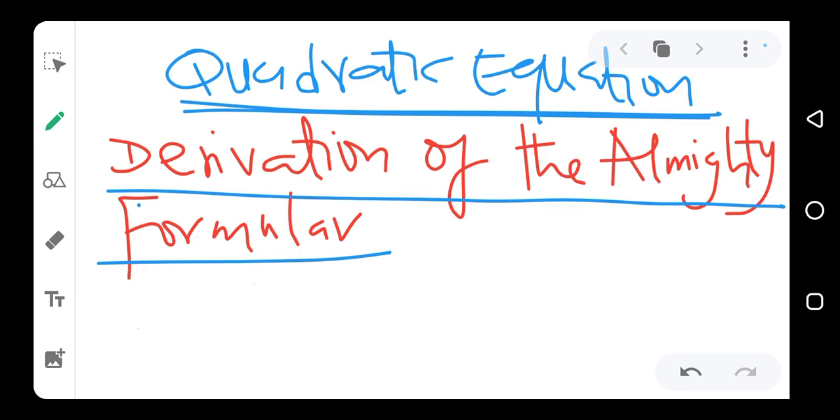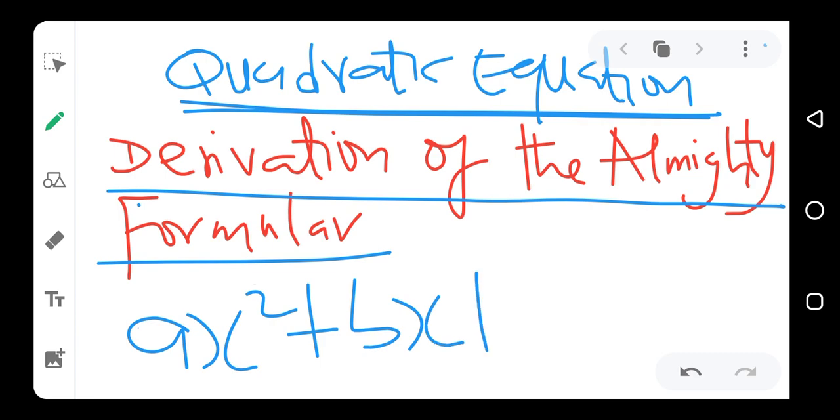The first thing we do is to bring the general quadratic equation, which is ax squared plus bx plus c is equal to 0. It is from this equation that we are going to transform to get the almighty formula, or the quadratic equation formula.